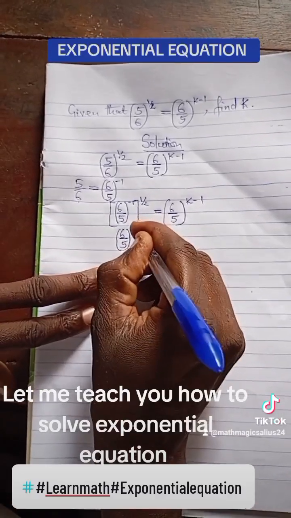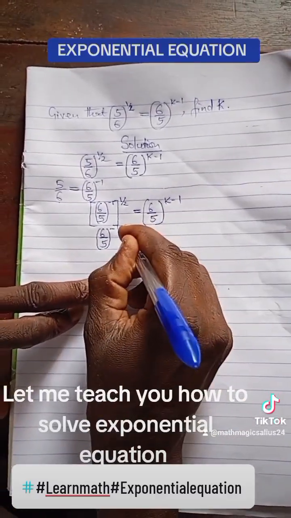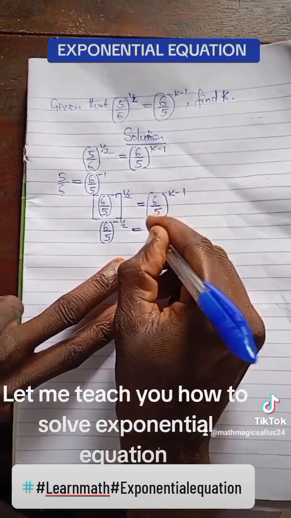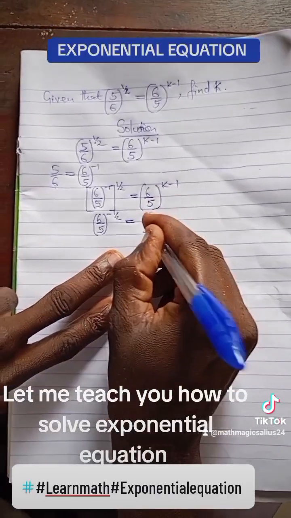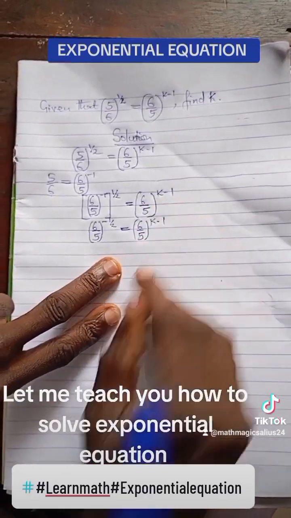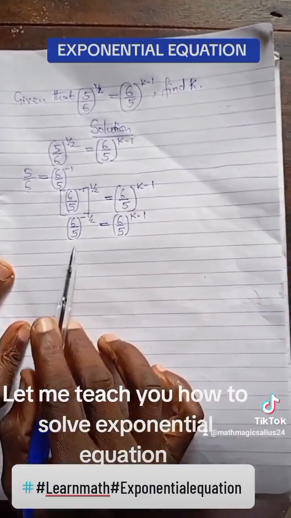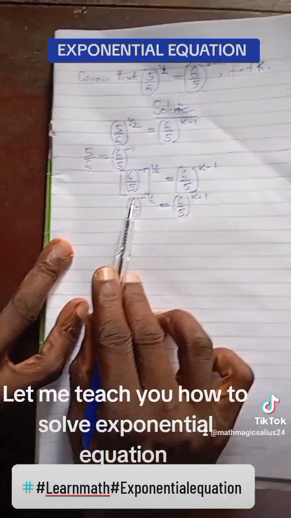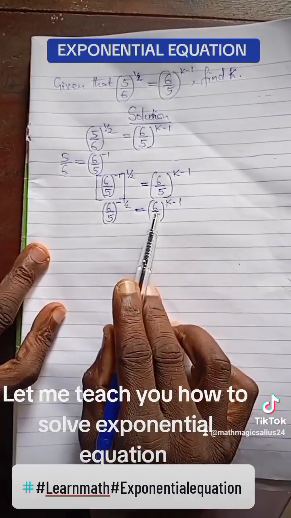So minus 1/2 equals 6/5, everything raised to the power of k minus 1.